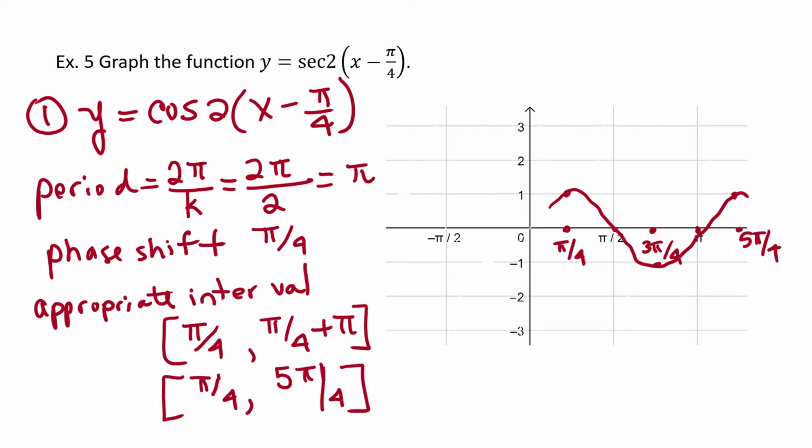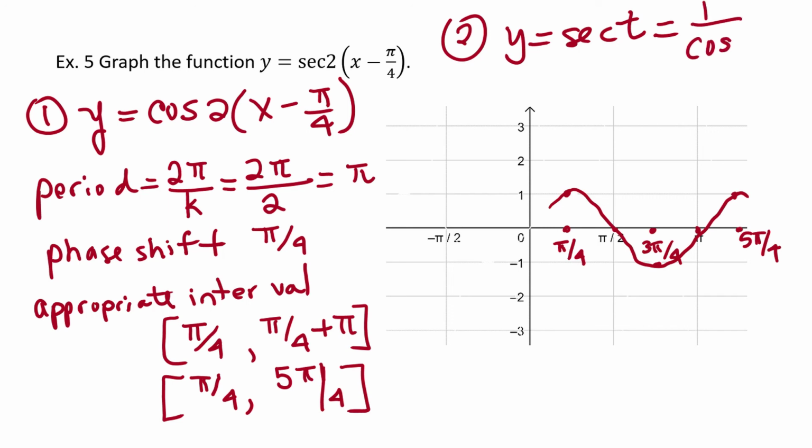However, the secant is the reciprocal, remember? And so in order to go to the secant, we need to remember that secant t, I'm going to use a different variable not to confuse it with the one we're working with, is 1 over cosine t. So let's draw vertical asymptotes every place we have a cosine intersecting the x-axis. That's where we have a 0.